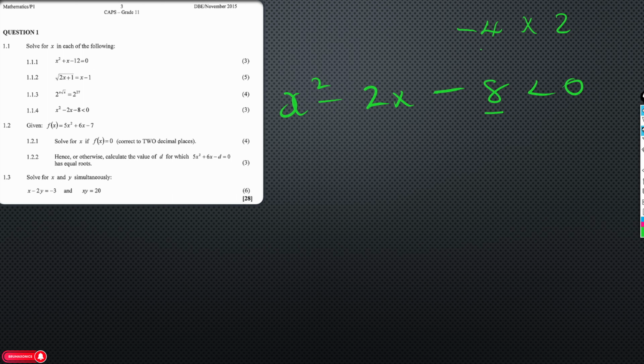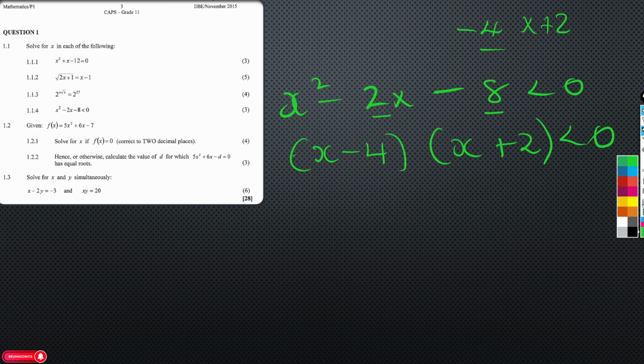So the bigger number should be negative, so that when we add negative 4 and 2, we get this. These are our factors, right? So now we have x minus 4 and x plus 2 less than 0. Perfect. Now when we take this out and this out, this will be positive and this one will be negative.